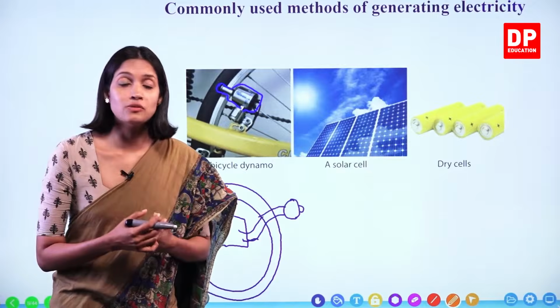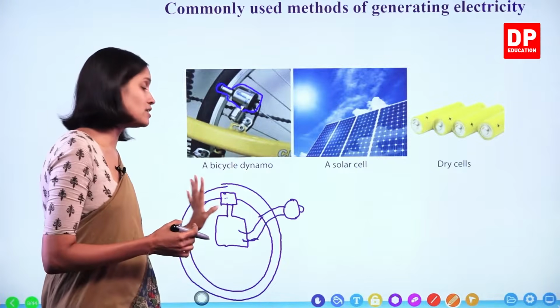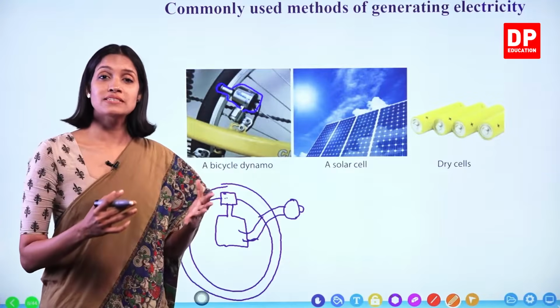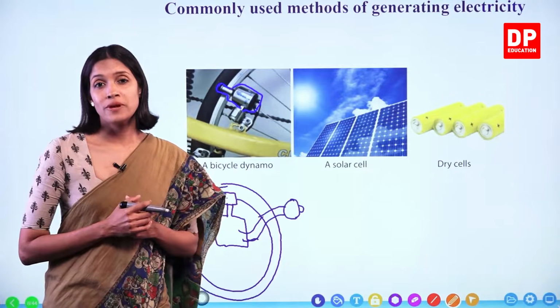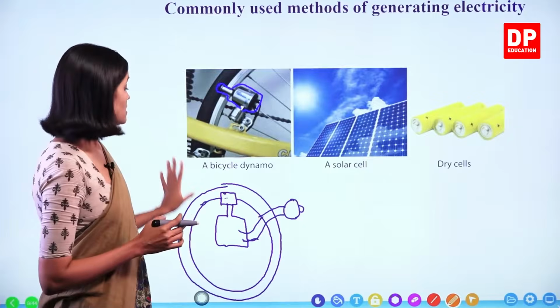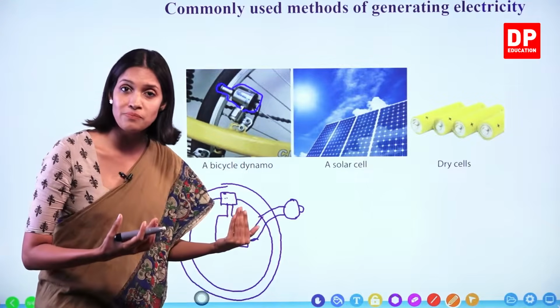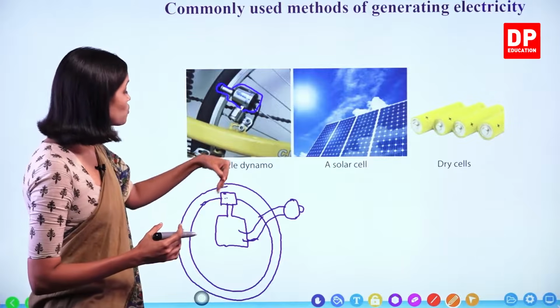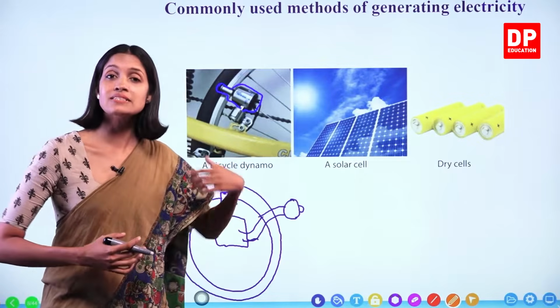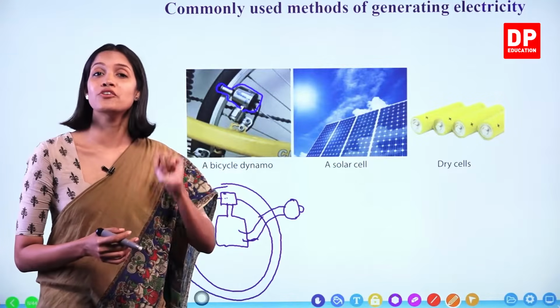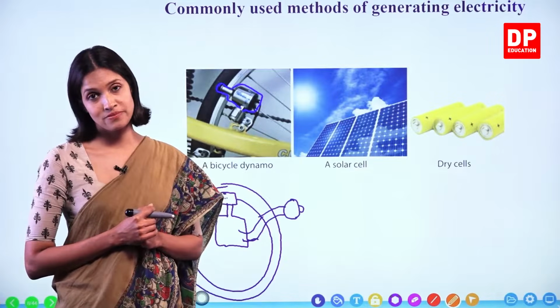To run the dynamos. These type of large dynamos, which are known as generators, are present inside most of the power plants, right? Because of the movement of these generators, electricity is generated. So that is one main method of generating electricity.